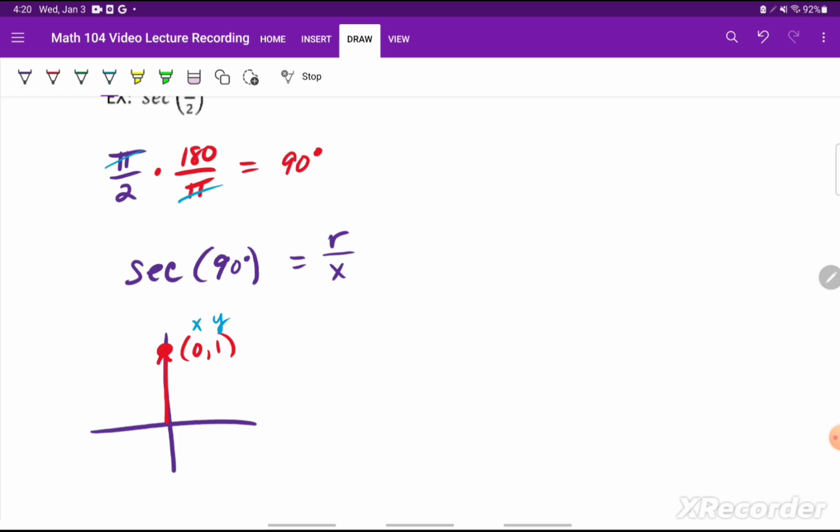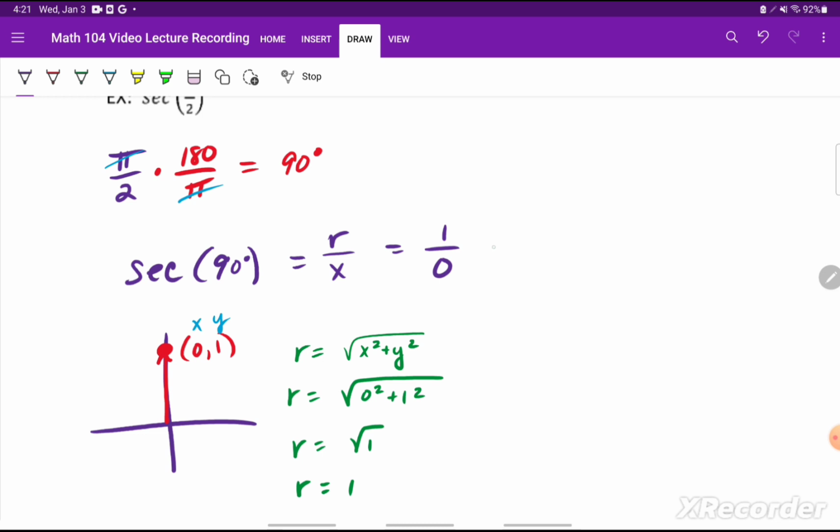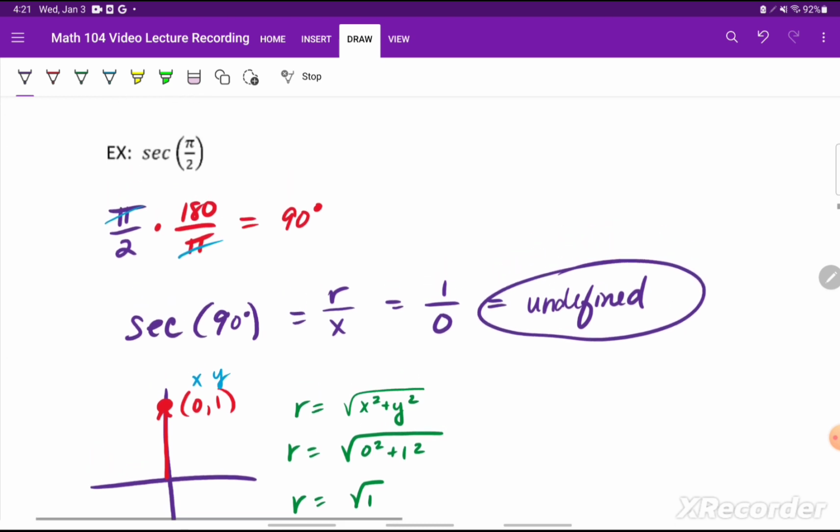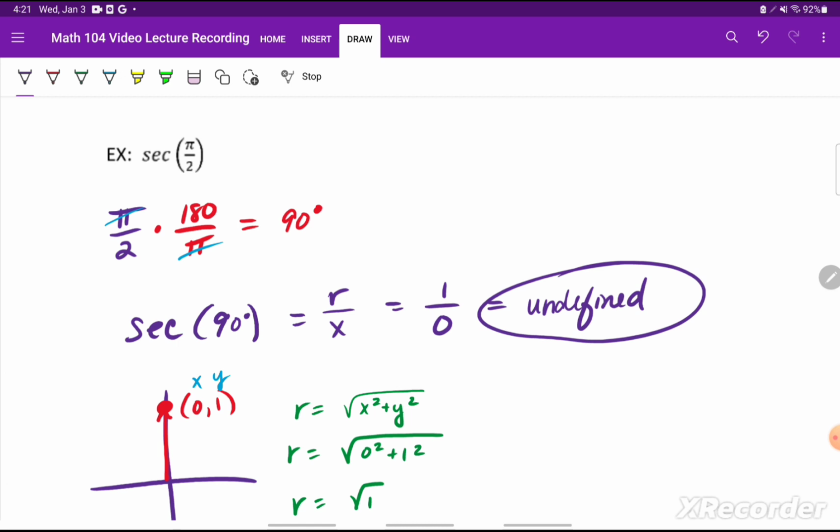So we're going to have to do r equals the square root of x squared plus y squared to find that r value. So we're getting r to be equal to 1. Secant of 90 degrees is going to be 1 over 0. 0 in the denominator means that we're undefined. So secant of 90 degrees, which is the same as secant of pi over 2, is undefined.